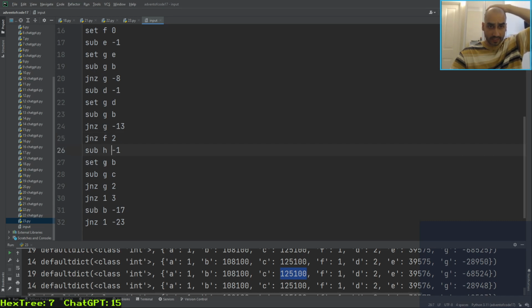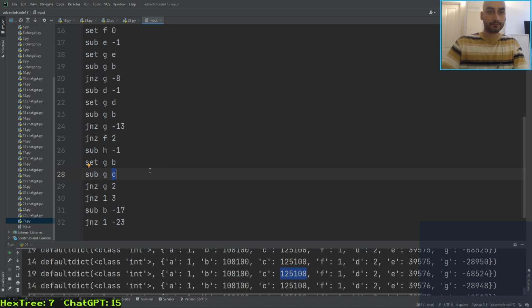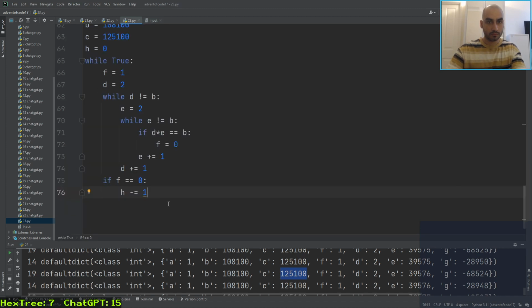Okay, now we take B, we subtract C, B take away C, so if B equals C basically, we break out. Interesting. Break out of that loop.